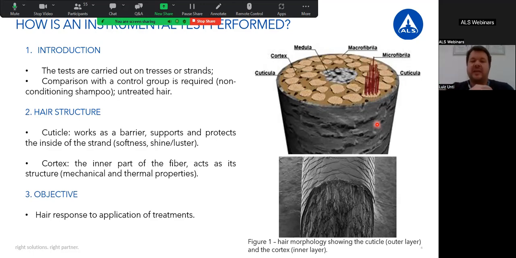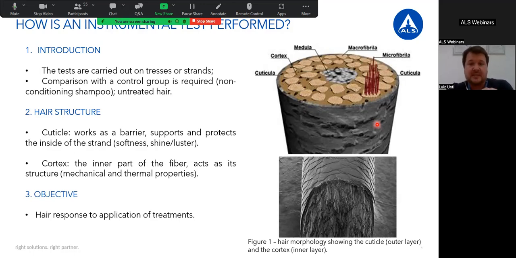Basically, the first group is the treatment, where we apply the treatment to the hair. The second one is untreated hair, which we will only wash with an unconditioned shampoo, to quantify how much benefit the treatment can provide to the hair: how much strength, how much shine, how much frizz it can prevent compared to hair that didn't receive any treatment.